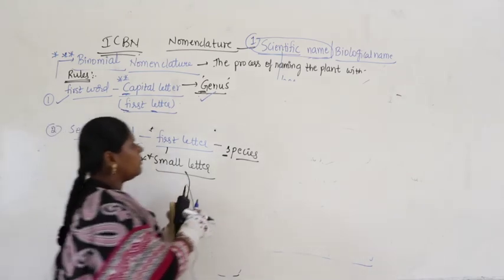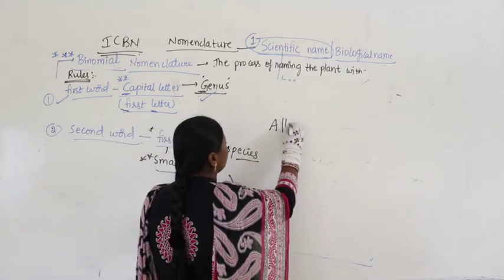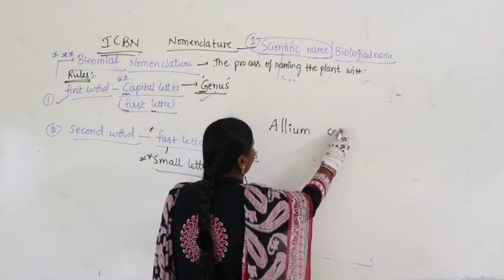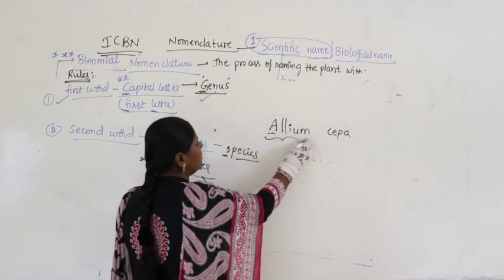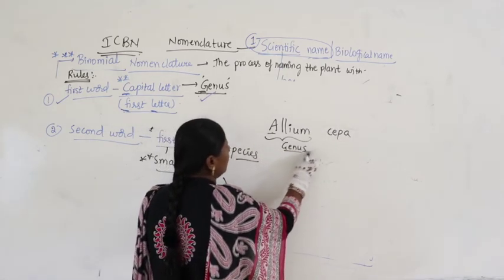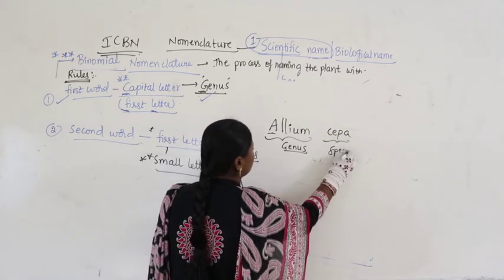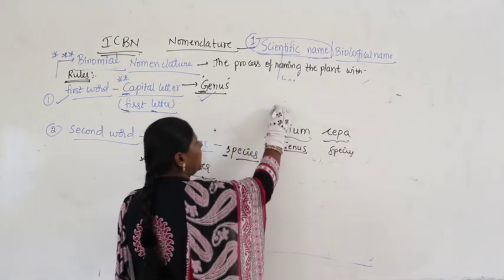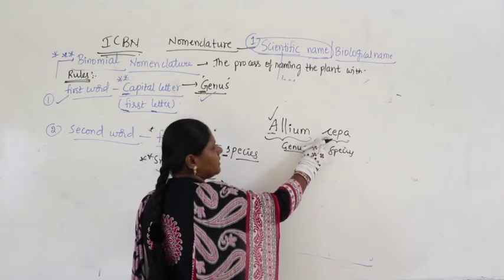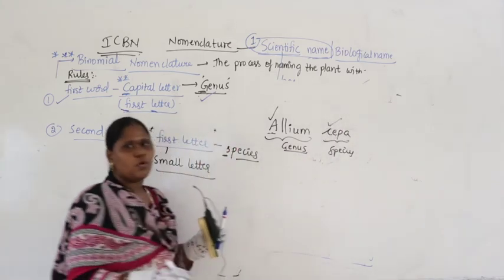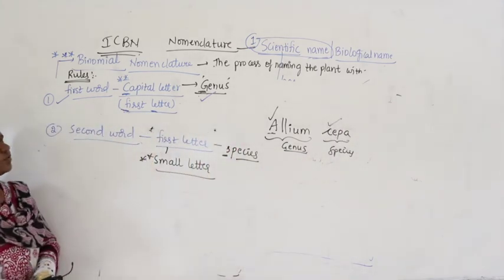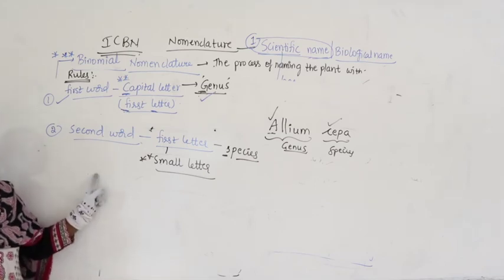Now, observe the same example, Allium cepa. This is the genus and this is the species. The genus first letter is capital, the species first letter is small. That is the first rule of binomial nomenclature.